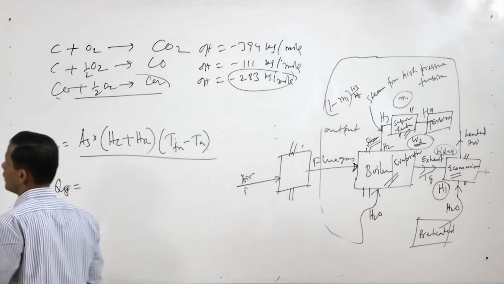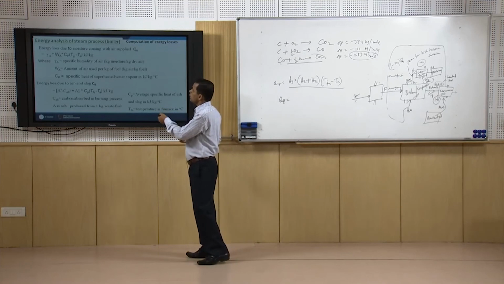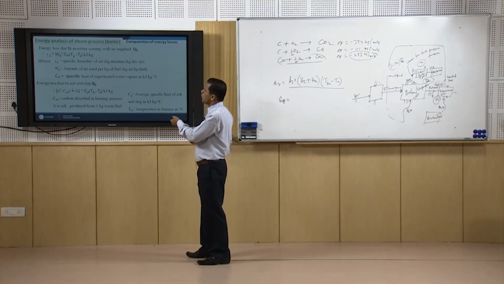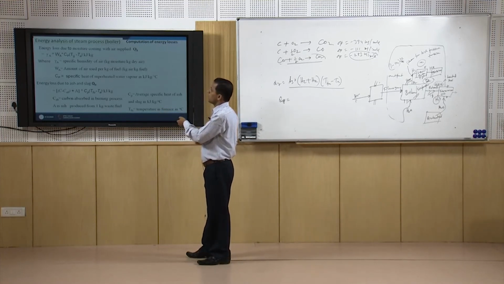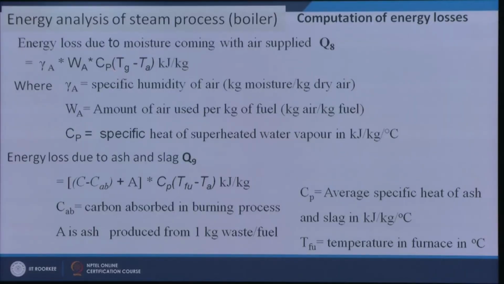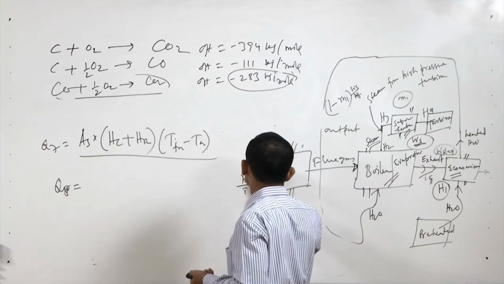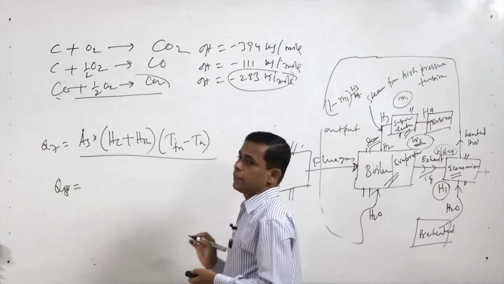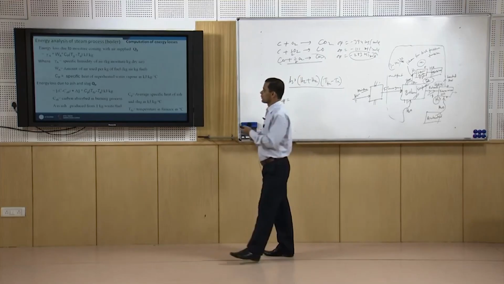So Q8 is equal to the humidity of the air into the amount of air used, WA, into Cp into Tg minus Ta, that is the temperature change from ambient to Tg. In this case, for the air containing moisture, the latent heat is not considered.